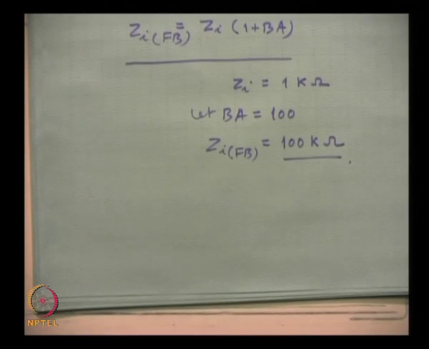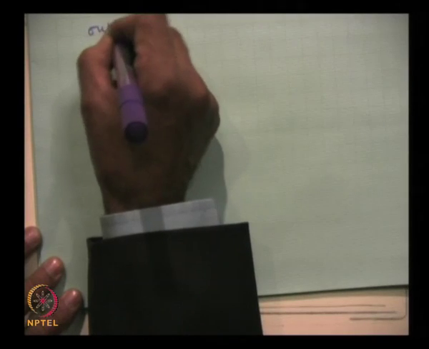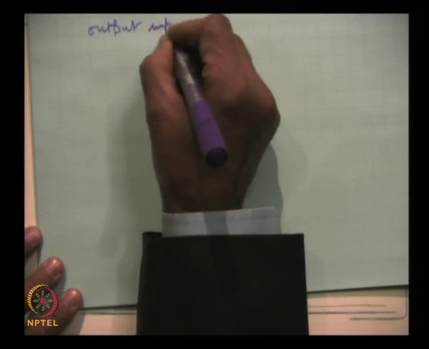And then let us find out the output impedance. Output impedance for the amplifier under investigation, and which amplifier we are investigating? Voltage series negative feedback. And for this, now we have to find out the expression.